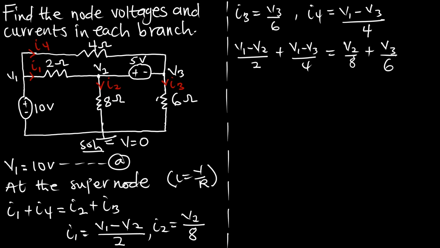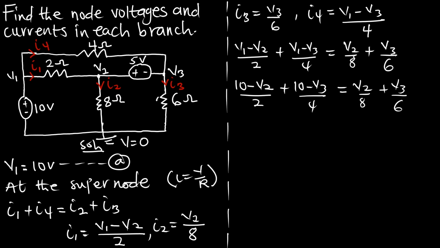So now that is going to give us (10 minus V2) on 2, plus (10 minus V3) on 4, equal to V2 on 8 plus V3 on 6.